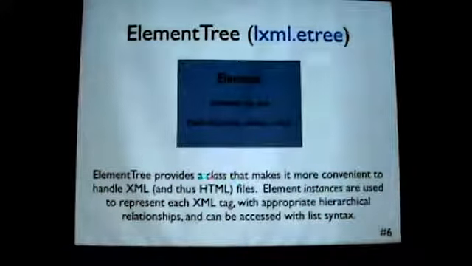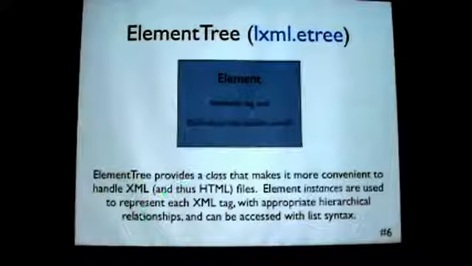The basic idea is that the ElementTree provides a class that makes it more convenient to handle any XML. XML is called extensible markup language, of which HTML is one particular incarnation. It treats each tag as an individual element.